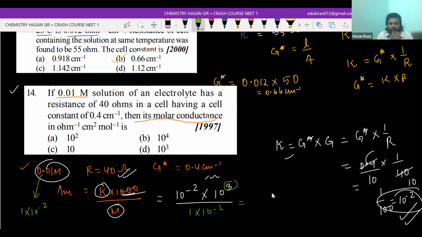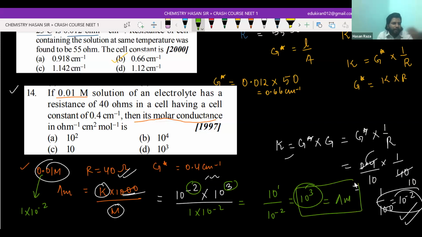3 and minus 2, it will be 10 raised to the power 1, and here it is 10 raised to the power minus 2. If it goes to the numerator, it will be positive, and you will get 10 raised to the power 3. So this is the value of molar conductance. And it's quite easy, right?